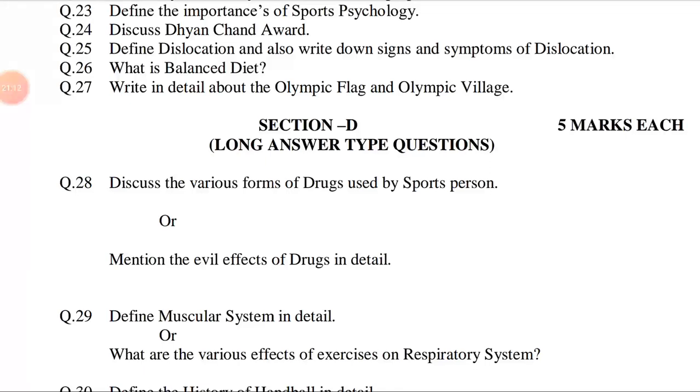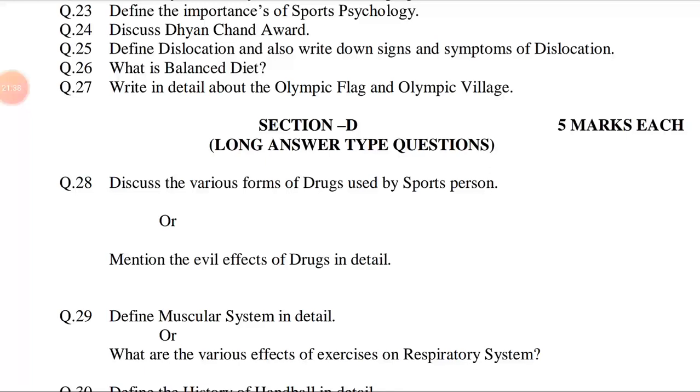Define means explain, state, establish. The answer may be first of all, give the introduction of dislocation. Then its signs means indication, signals, and symptoms. Symptoms mean physical or mental feature or conditions.